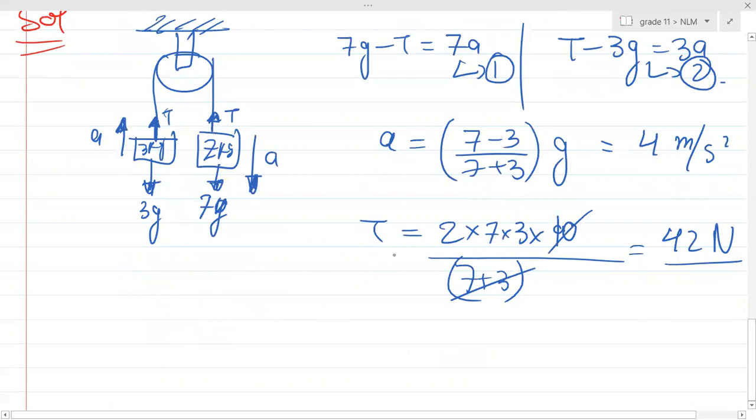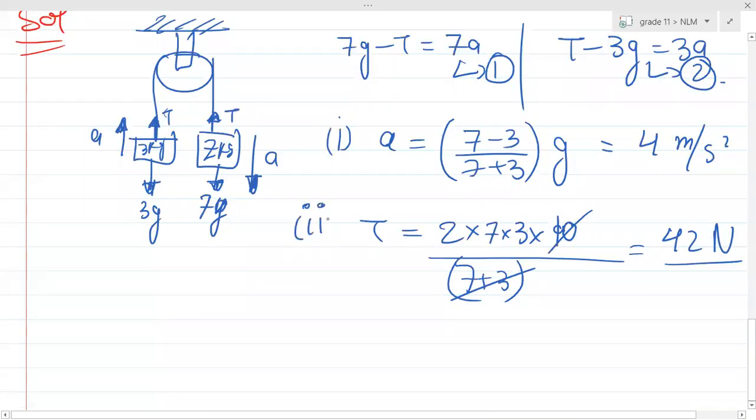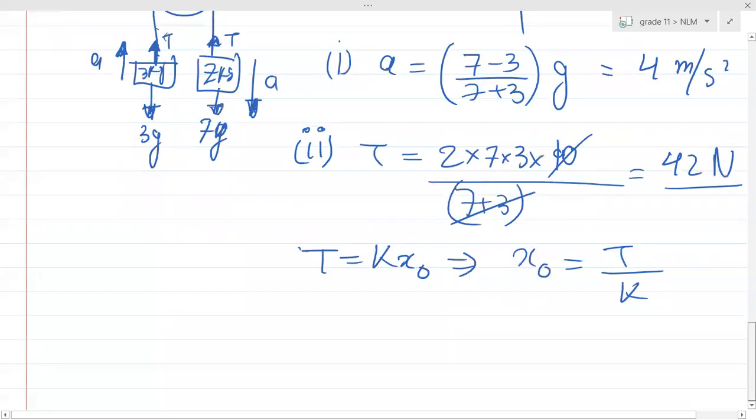After you have done this, first thing was what? Find the acceleration of the blocks. So this is the first part. And for the second part, once you have found out the tension, we know this tension is directly connected to the spring. So tension is equal to K times x naught. That implies x naught will be equal to T by K. Yes or no? 42 divided by 200.